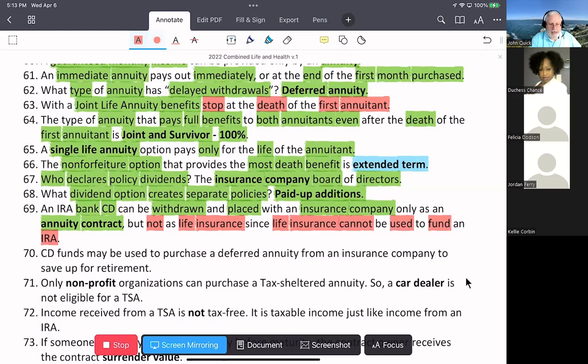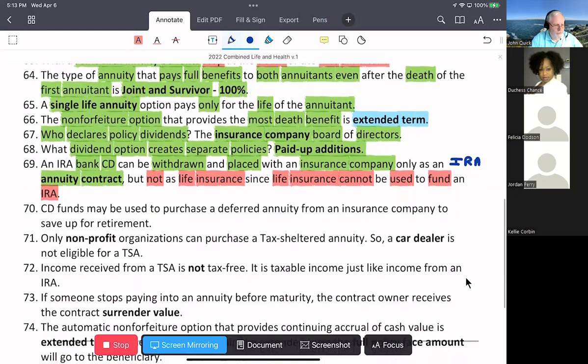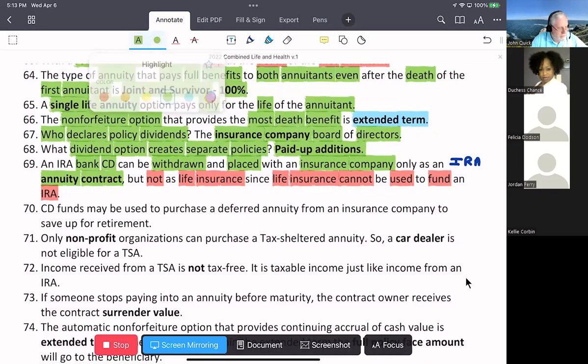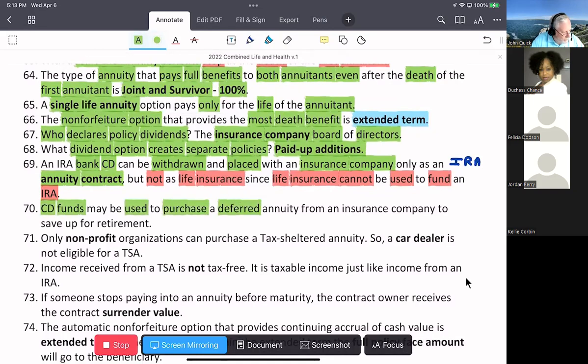So you can do an IRA annuity with your CD, but not life insurance. Now you can take CD funds. It can be used to purchase a deferred annuity from an insurance company to save up for retirement.